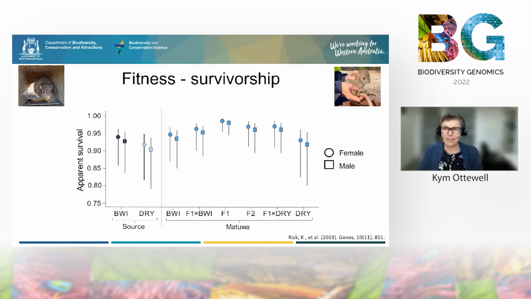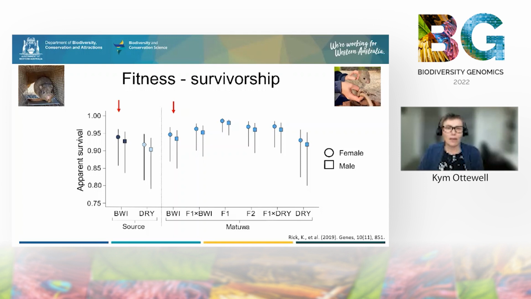So firstly, the general observation we found was that because this reintroduction was into a fenced predator-free reserve, we noticed that survivorship is actually quite high across all of our hybrid cohorts. And we didn't detect a significant difference between males and females in terms of survivorship in this population.